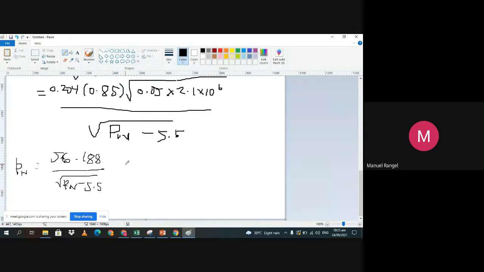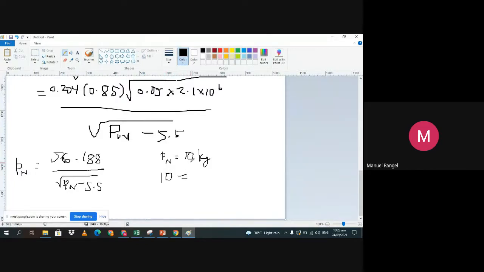So from here, we will first try a value of Pn that is equal to 10 kilograms. First trial lang to. So dapat 10 must be equal to 10.